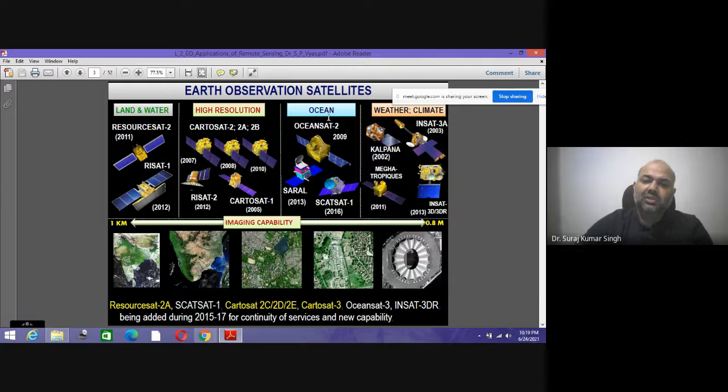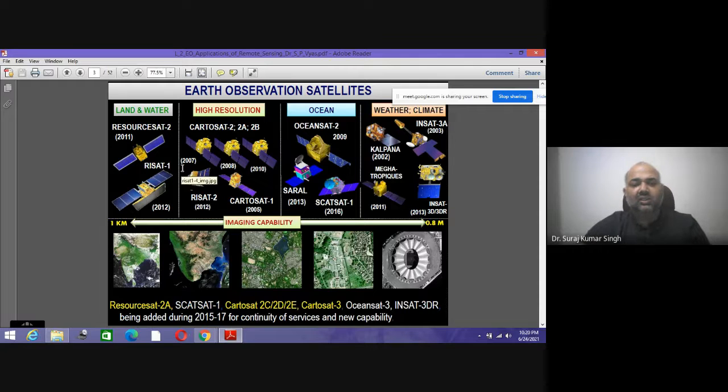For ocean studies, Oceansat 2 launched in 2009, Saral in 2013, Scatsat 1 in 2016. For weather and climate, INSAT 3 in 2003, Kalpana in 2002, Megha-Tropiques in 2011, INSAT in 2013.